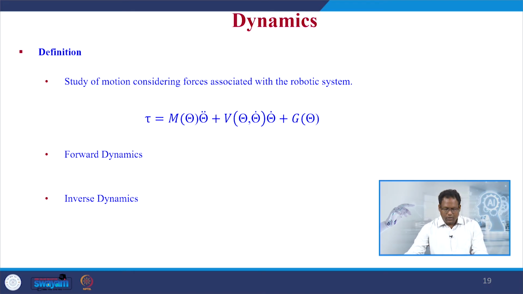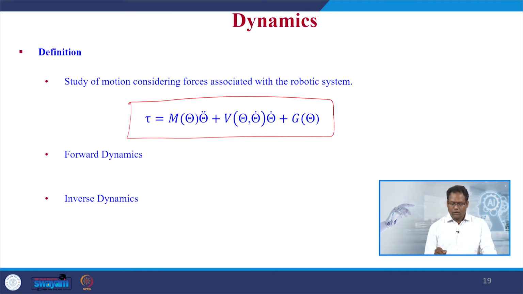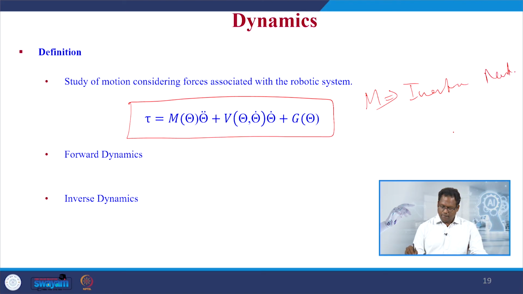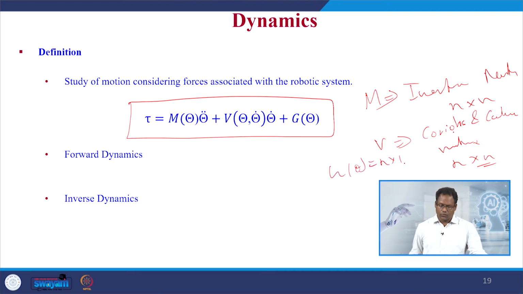The general highly coupled non-linear dynamic equation of an n degrees of freedom robotic system is given by tau equal to M of theta times theta double dot plus V of theta comma theta dot times theta dot plus G of theta, where M is the inertia matrix, which is of size n cross n, V is called the Coriolis and centrifugal matrix, which is also n cross n in size, and G of theta is the gravity vector, which is of size n cross 1.